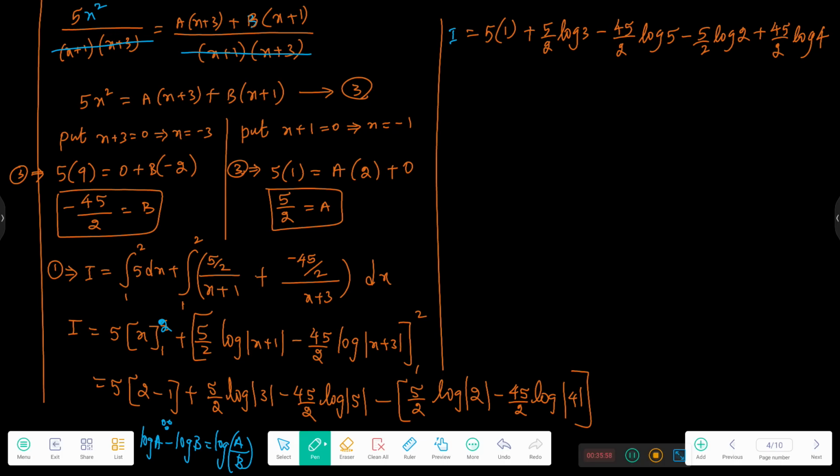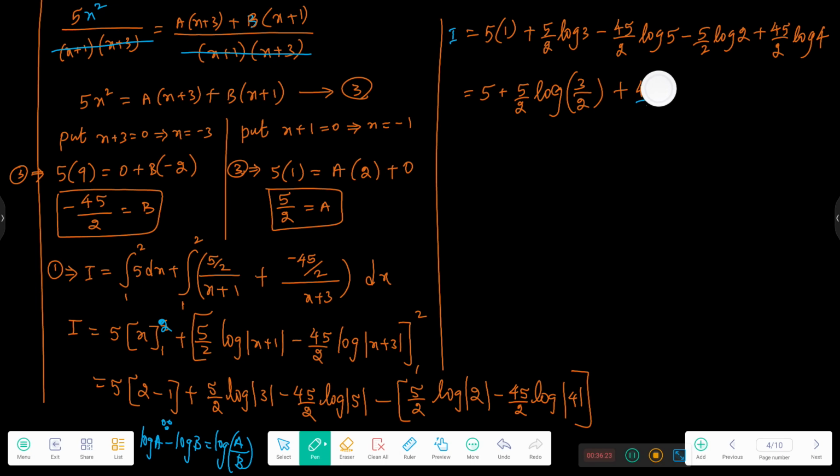So 5 by 2 is common, that two terms you take outside. 5 by 2 when you take outside, log of 3 by 2, positive in numerator, negative in denominator, plus 45 divided by 2.